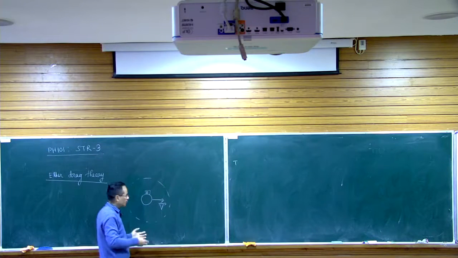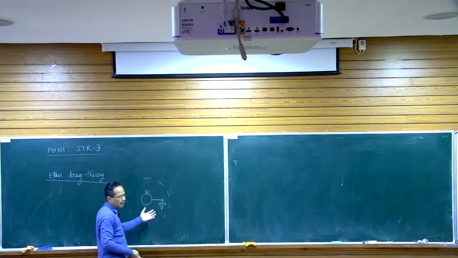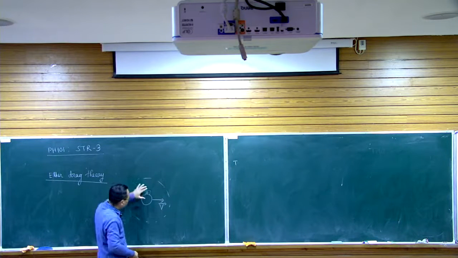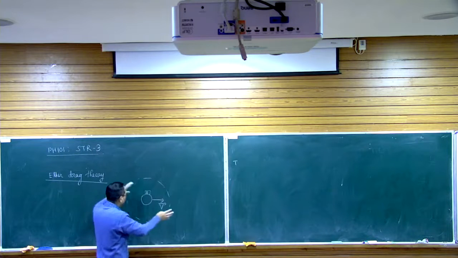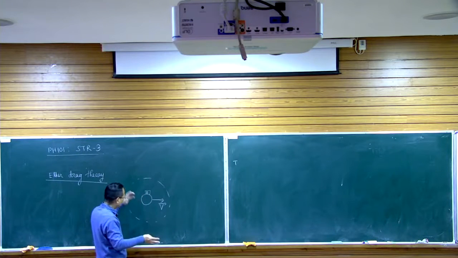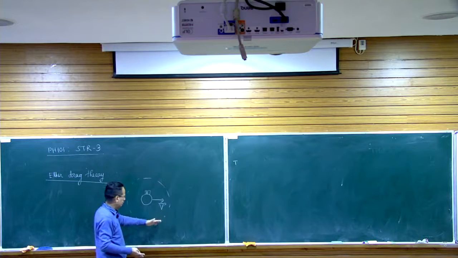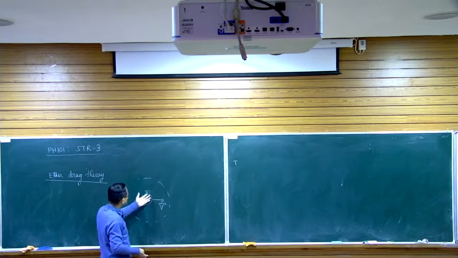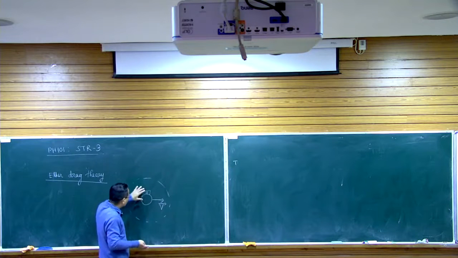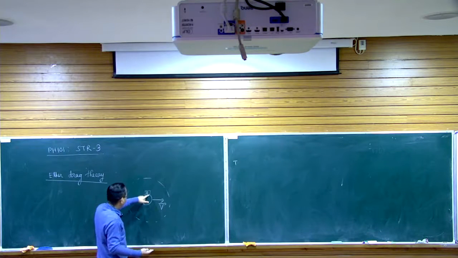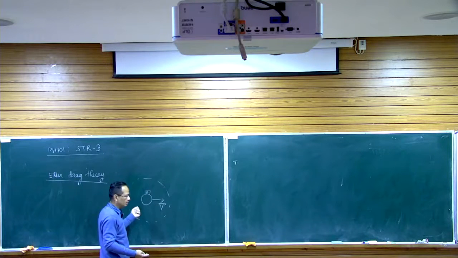Just like our atmosphere is attached to the Earth, it was assumed that the ether medium is somehow dragged by the Earth and forced to get attached to it and move with the same velocity. So when we were performing the experiment on Earth, because of the ether stuck onto it, the velocity of light still remains c.